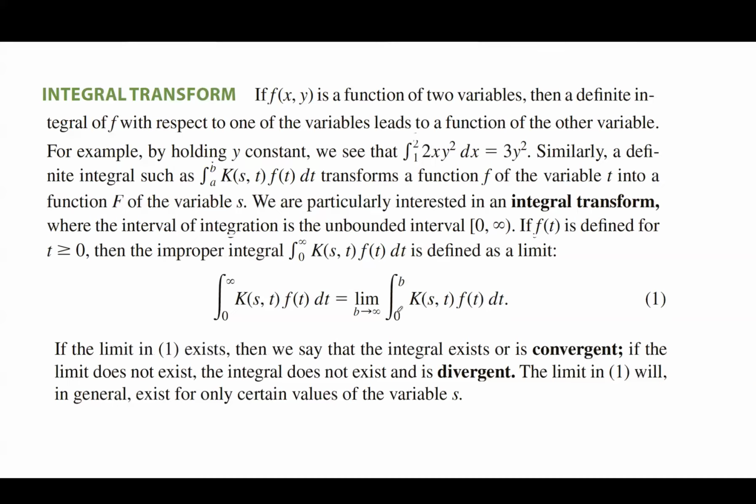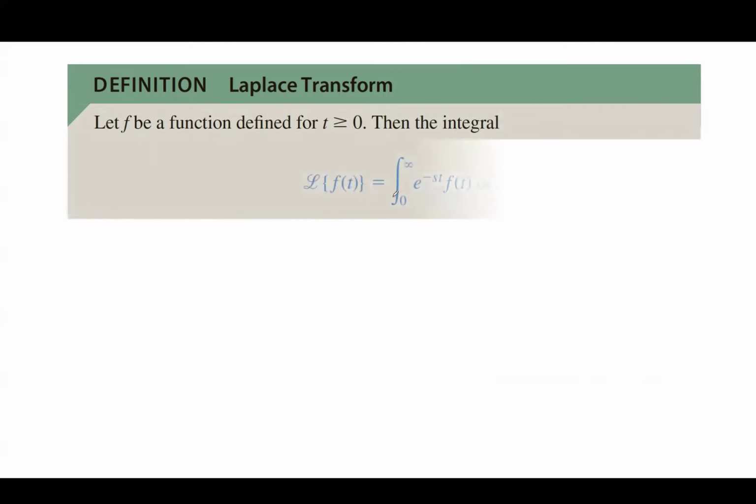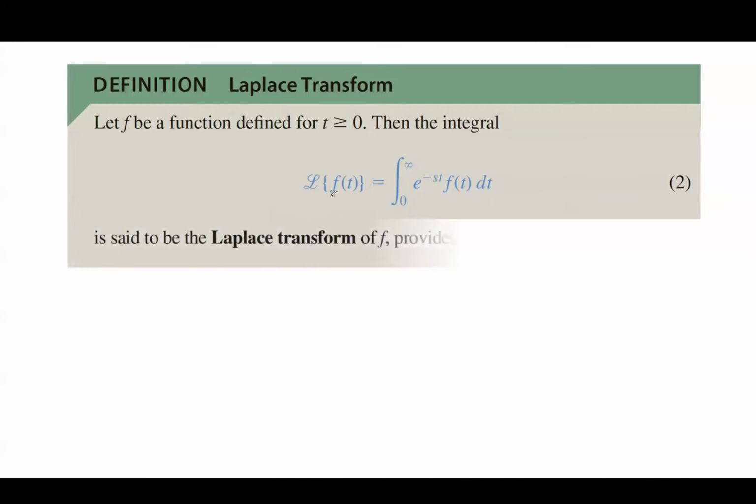So with these introductions, let us begin defining a Laplace transformation. Suppose f is a function defined for t greater than or equal to 0. Then the following integral, 0 to infinity of e to the power negative st times f of t dt, we denote by L of f of t.